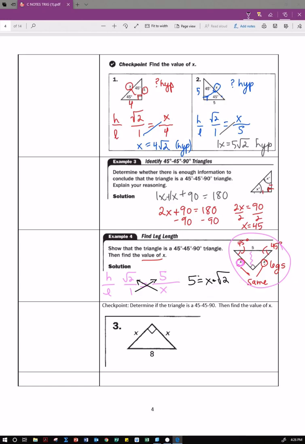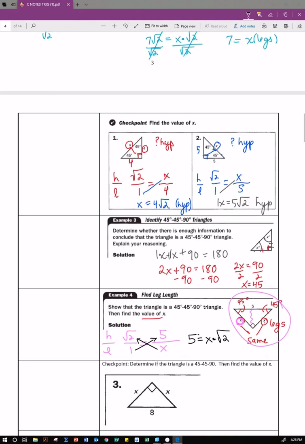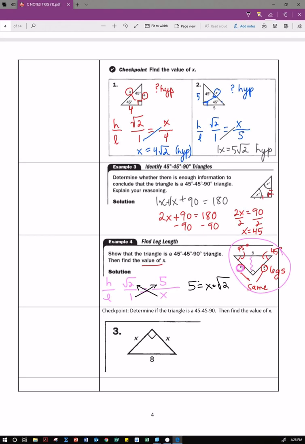This is just like the one from the previous page. When we were trying to get x alone, what did we divide by? We divided by the square root of 2. So in this one, we're going to divide both sides by the square root of 2. And now the answer is going to be funny looking. And no, I do not want you to put it in your calculator. I want you to leave it as 5 divided by the square root of 2.